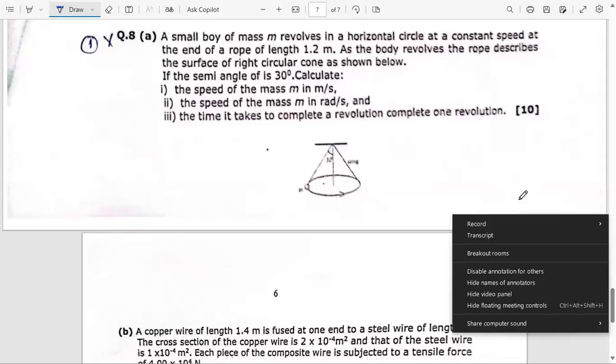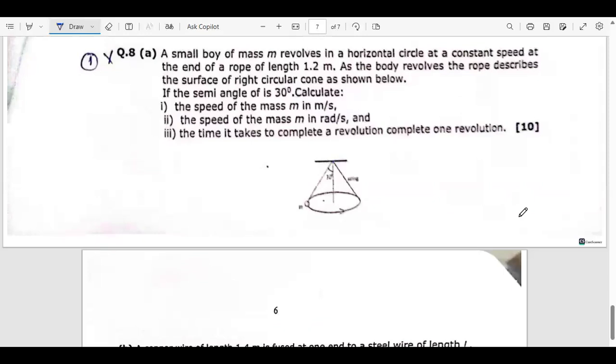Okay, so question 8 is saying a small boy of mass m revolves in a horizontal circle at a constant speed at the end of a rope of length 1.2 meters. As the body revolves, the rope describes the surface of a right circular cone as shown below.